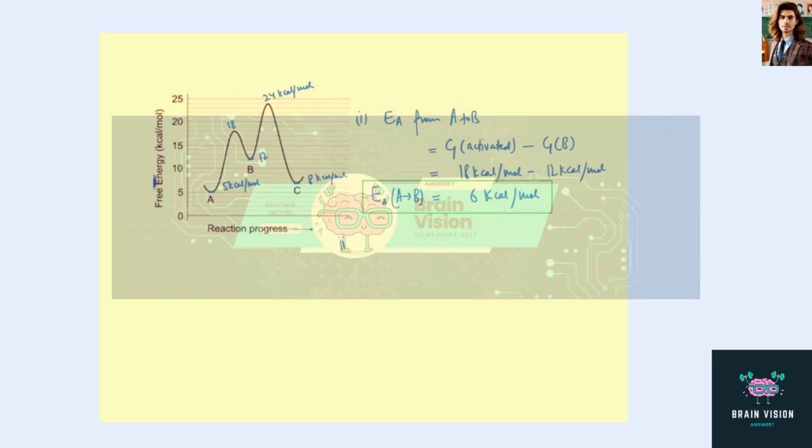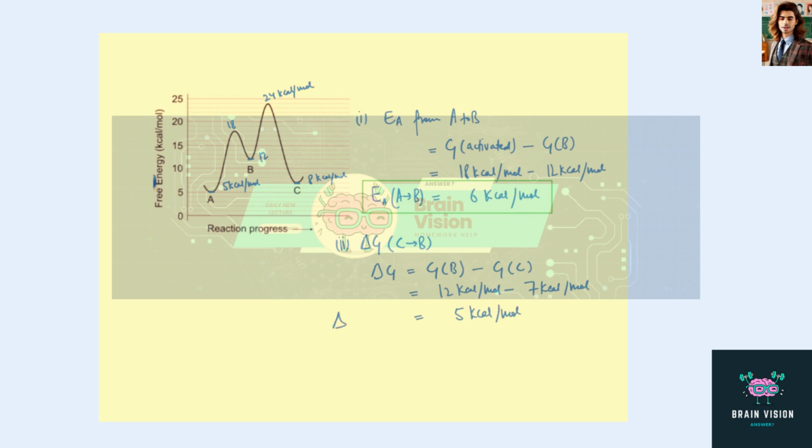Now for the second part, we have to calculate the overall energy change, that is the delta G, for the process C to B. Therefore delta G for C to B will be equal to Gibbs free energy of the final position, that is for the product B, minus the initial, that is Gibbs free energy for reactant C, which will be equal to 12 kilocalories per mole minus 7 kilocalories per mole, and that will be equal to 5 kilocalories per mole.